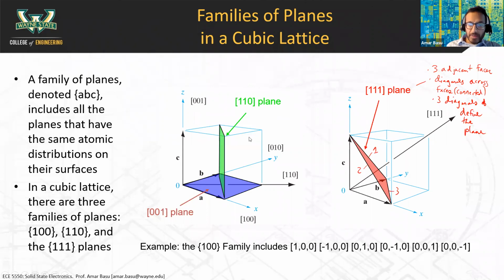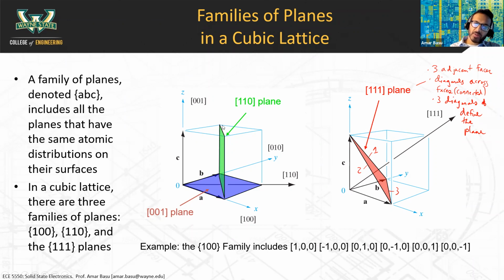Now, the next family of planes is the 110 family of planes, the one I'm circling right now. The 110 family of planes is any plane constructed by cutting across the cube. Specifically, you take one face and draw a diagonal across it. You go to the opposite face. So we started at the top, we drew a diagonal. Then we go to the bottom and we draw a diagonal.